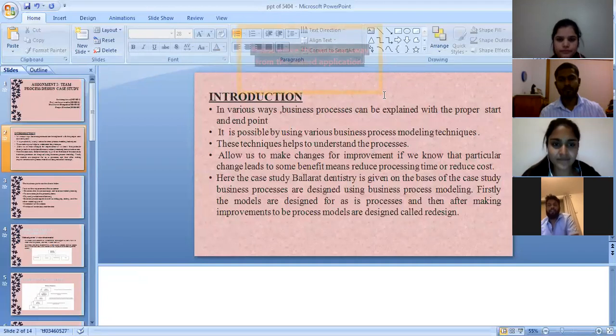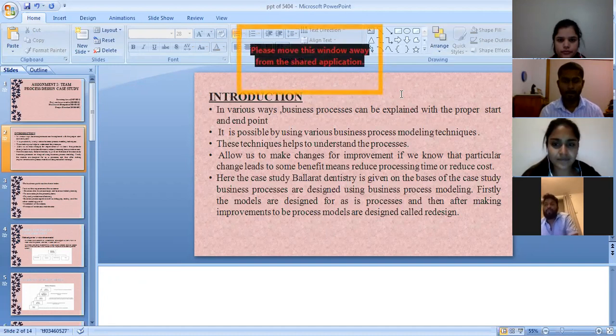In the introduction, there are various ways a business process can be explained properly and to the point, and it is possible by using various business process modeling techniques.